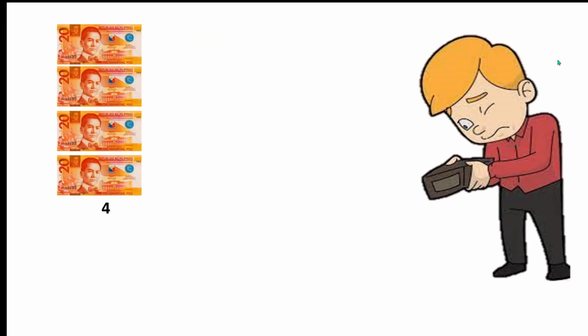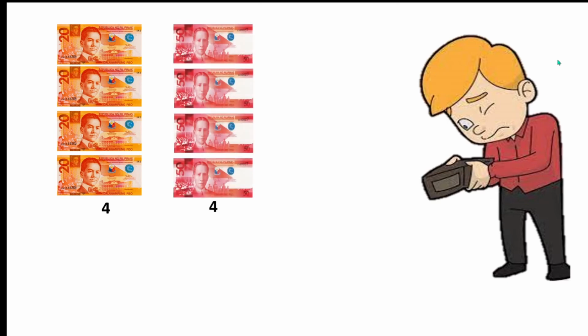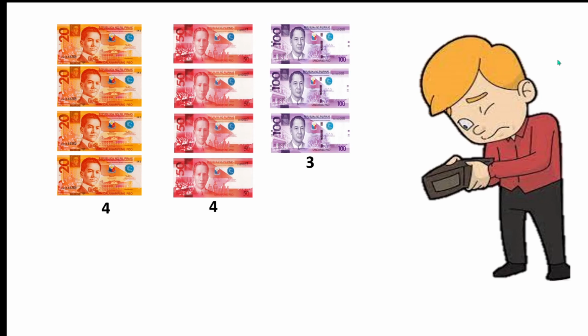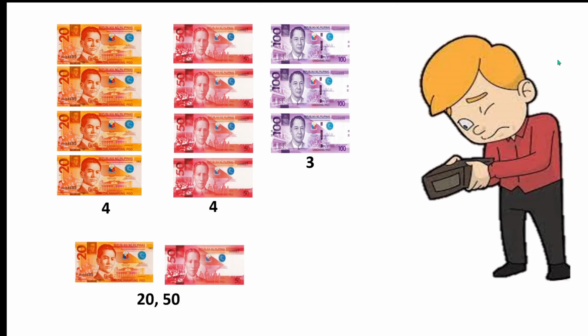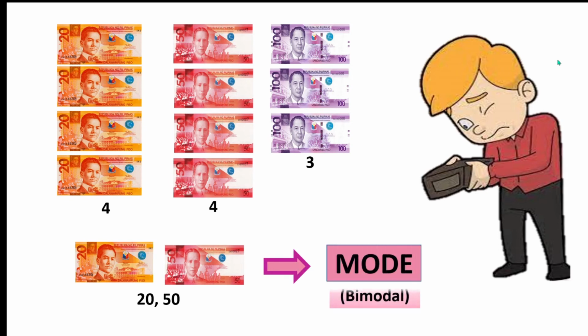Another scenario may be you have 4 20 pesos, 4 50 pesos, and 3 100 pesos. Here, since the 20 peso bill and 50 peso bill appeared both 4 times, we have 2 modes, which are 20 pesos and 50 pesos, and we call it bimodal.